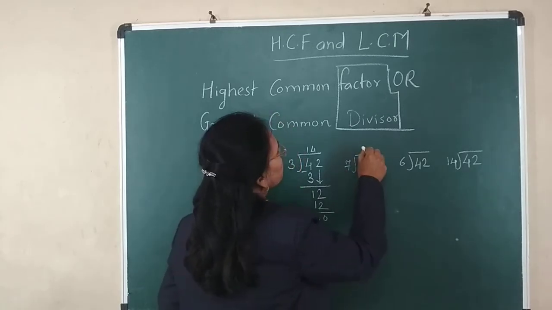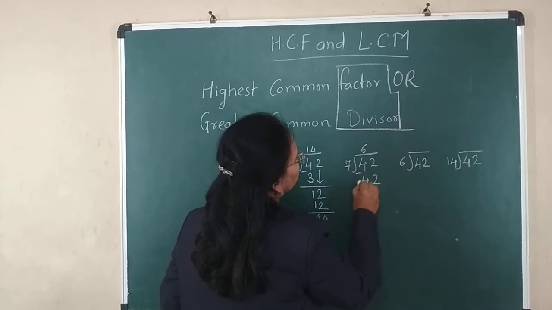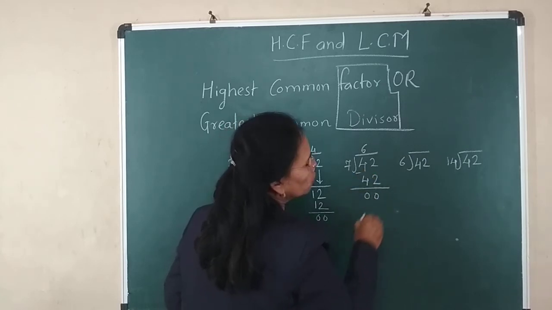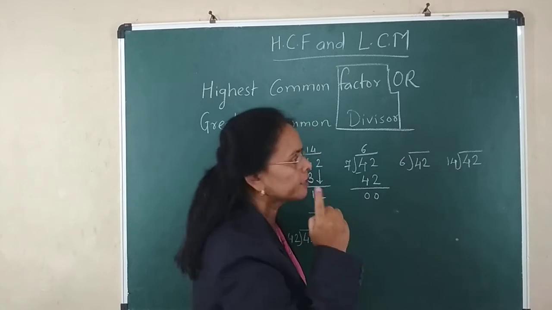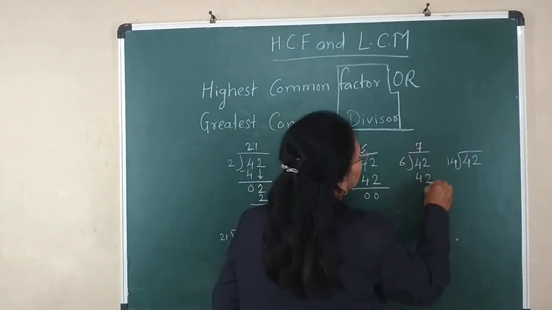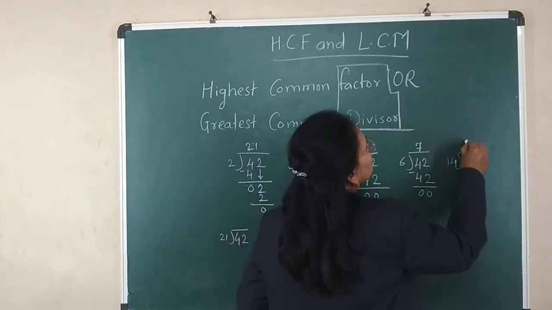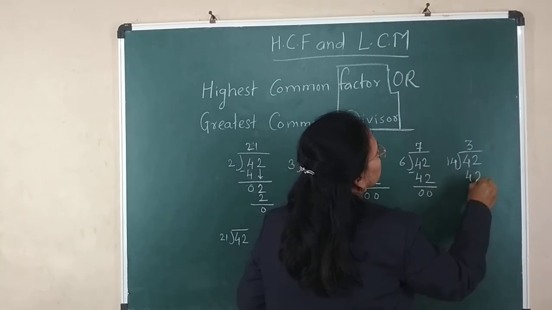42 divided by 7. 7 sixes are 42. 42 minus 42 is equal to 0. Again the remainder is 0 here. 6 sevens are 42. Again the remainder is 0 here. 14 threes are 42.